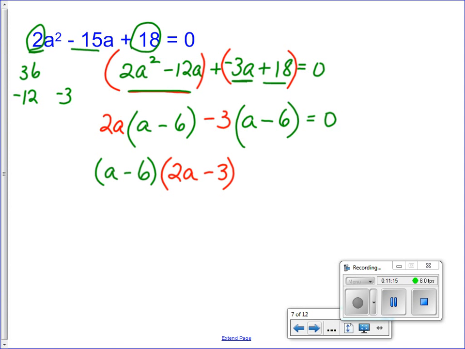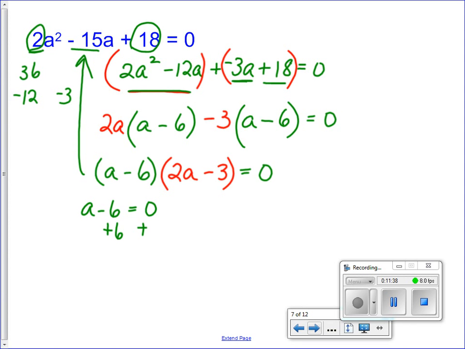And again, if you FOIL this, this is a good time to check yourself to make sure you have the correct factors. You should get our original quadratic equation. Okay, so let's set each one equal to 0. a minus 6 equals 0.